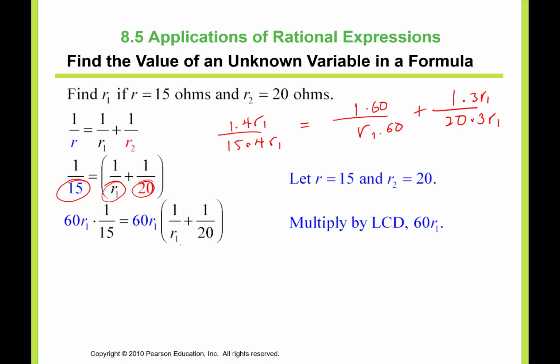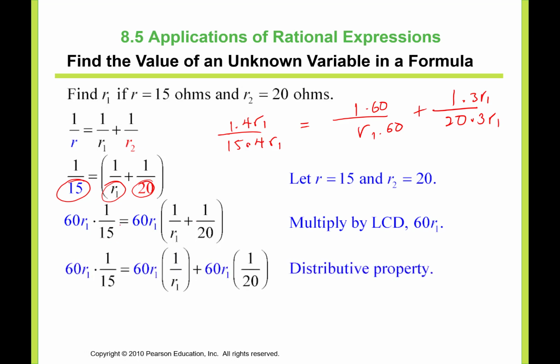Now looking at this problem, it makes significantly more sense to actually just work through it as is because of how the fraction is written here. And then we're going to simply simplify. So 15 into 60 R1 is simply going to be 4 R1.